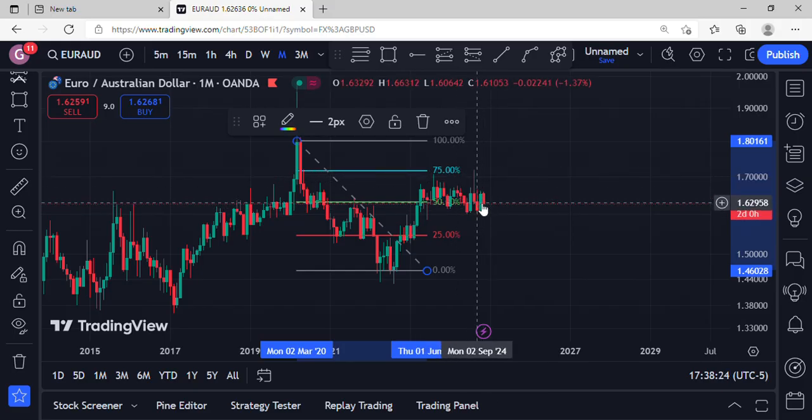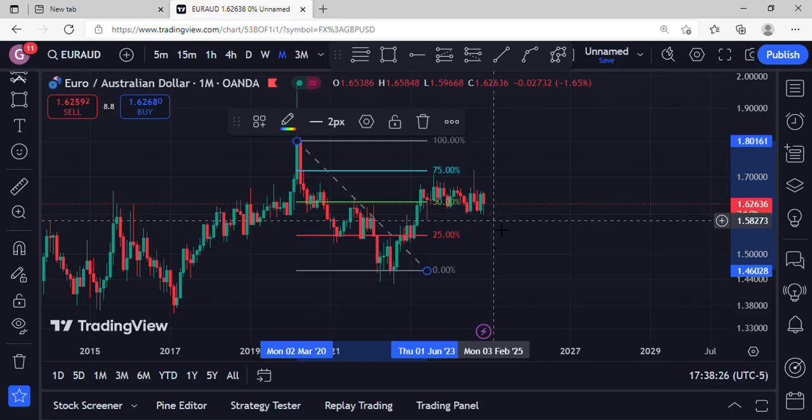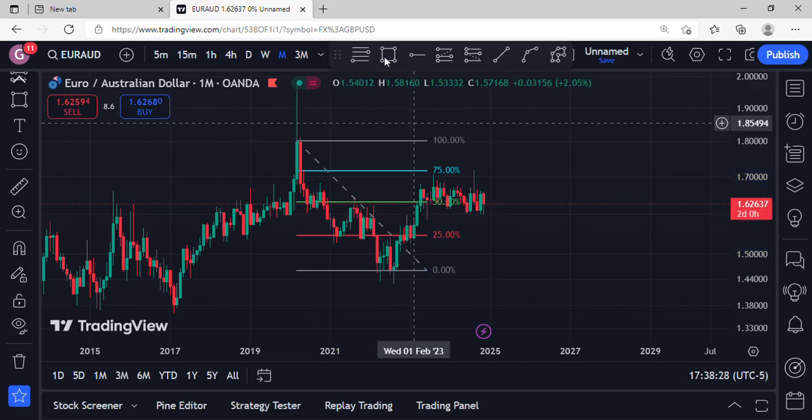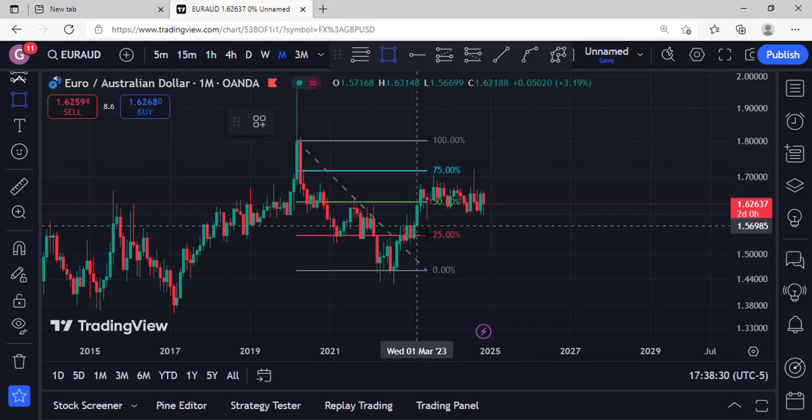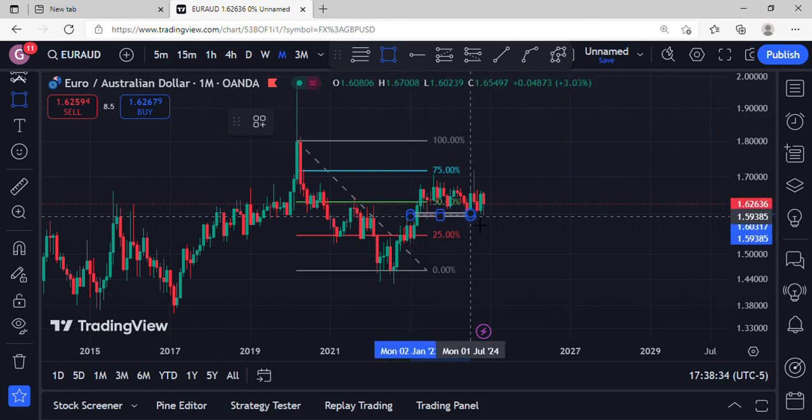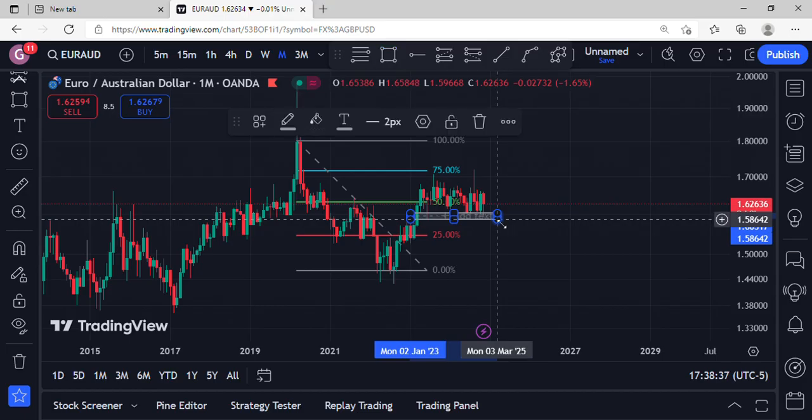So I was anticipating that it would move down a bit more, but what I saw was that we have this fair value gap just below the 50% and in discount, right?